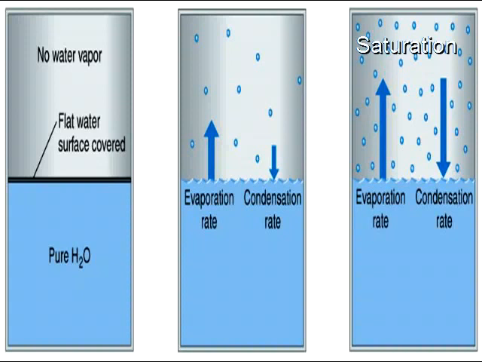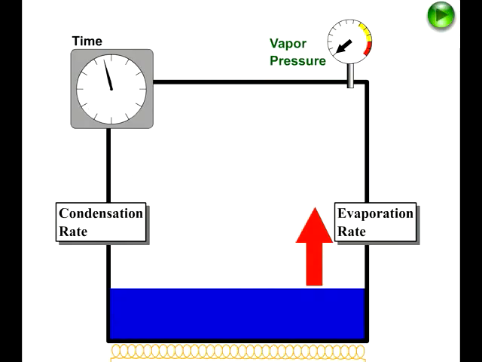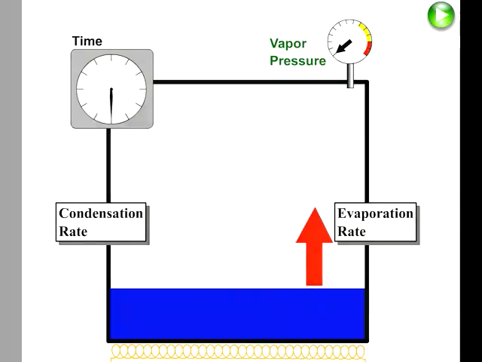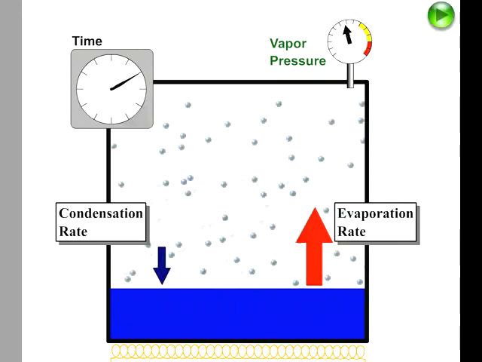Here is another way that will help you understand the concept of saturation. If you have a sealed container containing only liquid water, over a very short period of time water molecules begin to escape from the liquid. The pressure due to the water molecules in the water vapor phase is called vapor pressure.